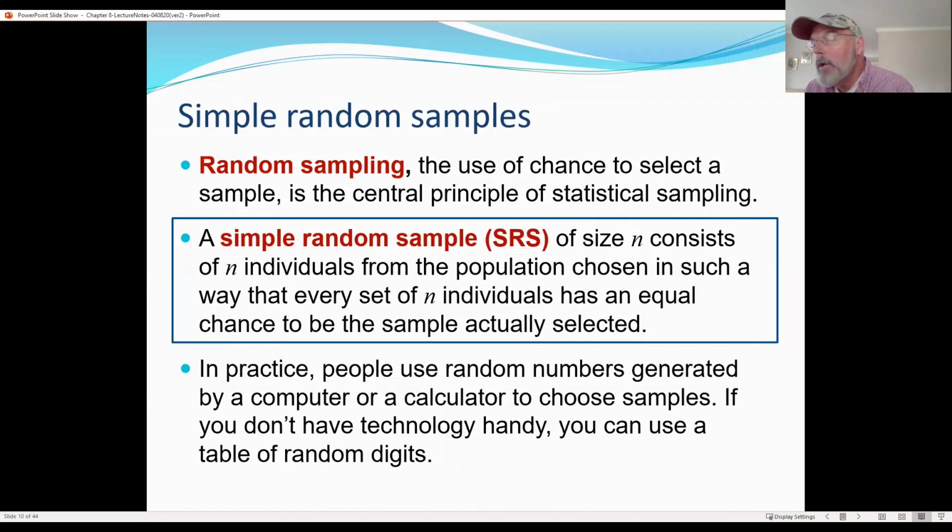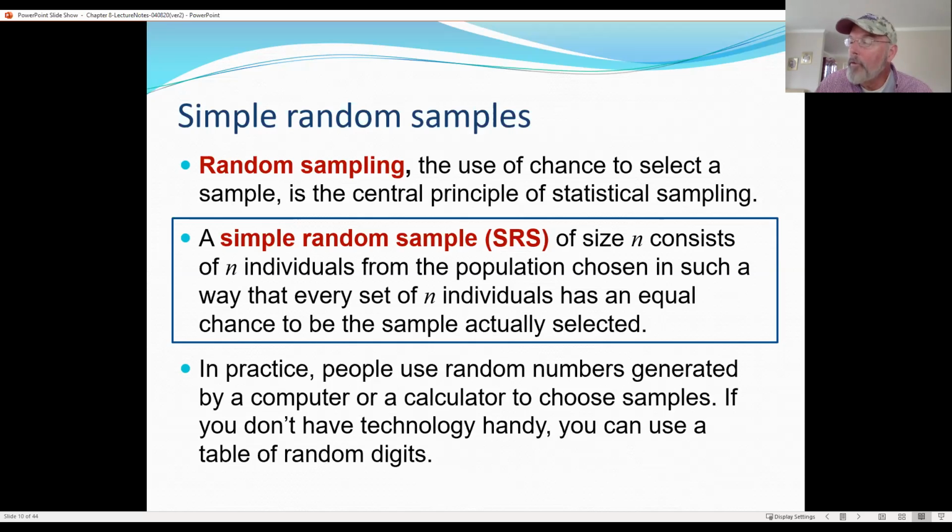All right, so in practice, we can use a random digit table. I think we went through that the last time we were talking about this. We can generate random numbers from a computer or a calculator.